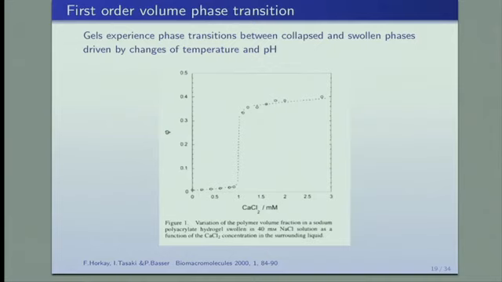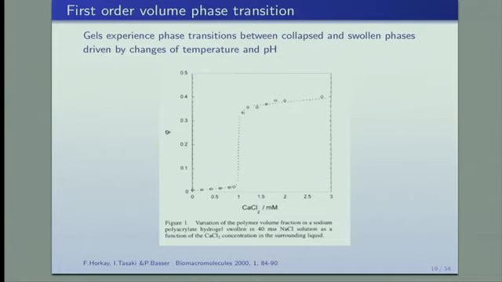Okay, so now I'm going to head to the experiment, but here I want to show you an experimental work from somebody at the National Institutes of Health. This is an experiment where there is a phase transition. This is the volume fraction of the polymer. This is a system that is activated by calcium chloride.